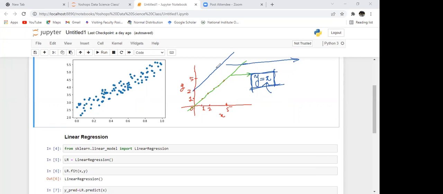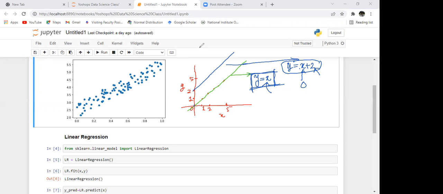And suppose this is parallel to this one. How do you represent this line? Yes, y equals x plus 2. Why plus 2? Because 2 is the intercept. This line cuts the y axis at 2. Meaning when x is 0, y is 2, right? So when x is 0, you are supposed to get y value as 2. So you have to have plus 2 in the equation.